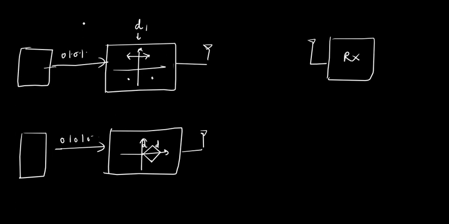But I told you that if these points are close enough, the noise can take this point to this, so the receiver will get confused. So the more the distance, the better the judgment at the receiver, right? So performance is directly or inversely proportional to distance, not directly but some function of this, right? Yes or no?